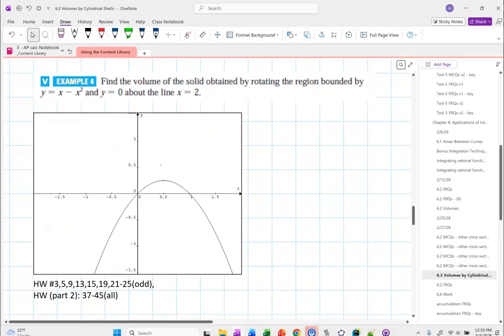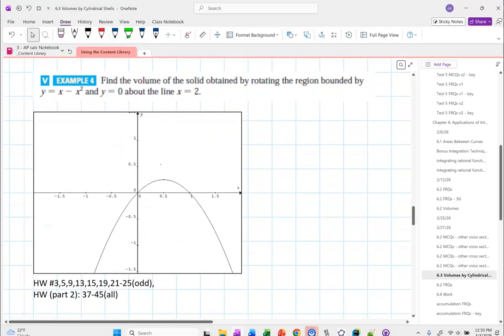All right. Let's look at another. It says, find the volume of the solid obtained by rotating the region bounded by y equals x minus x squared and y equals 0 about the line x equals 2.